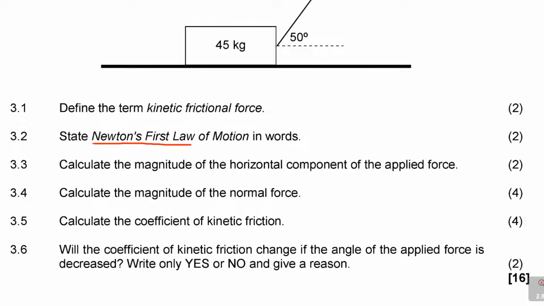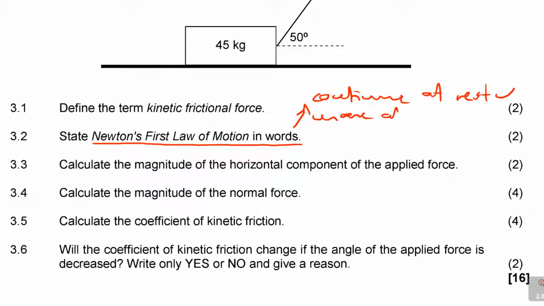State Newton's first law of motion in words. We're saying a body will continue at rest. Number 1, continue at rest. Keyword there. Or it will move at constant what? Constant speed. So it's either continuing at rest or it will move at constant, let's use the word velocity.